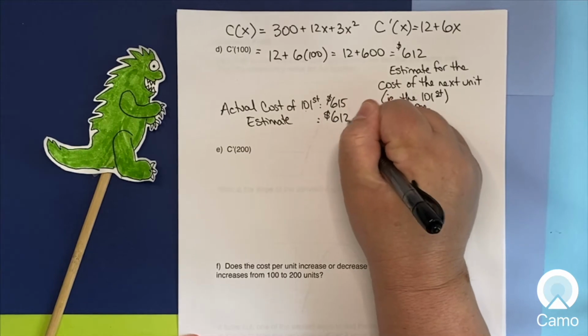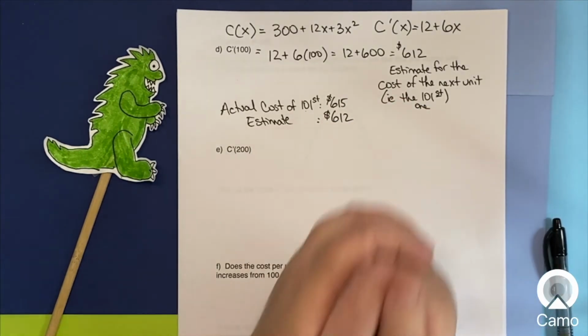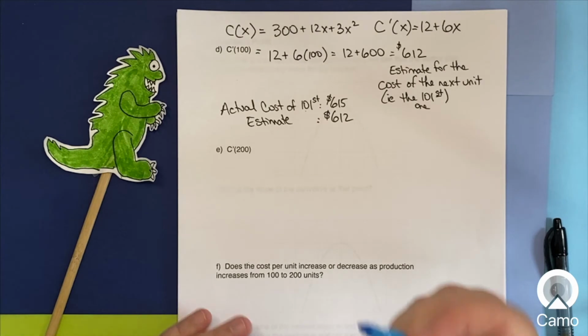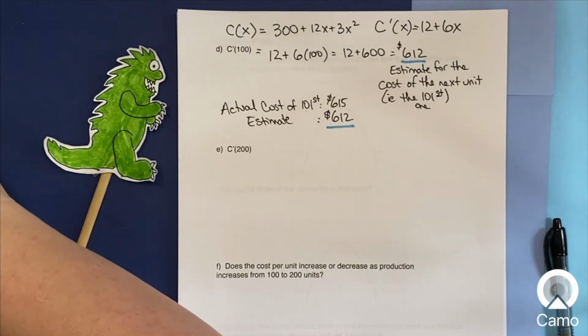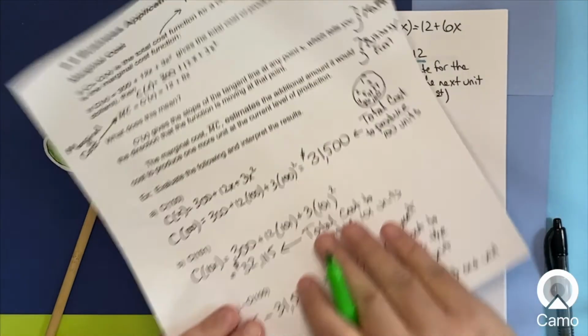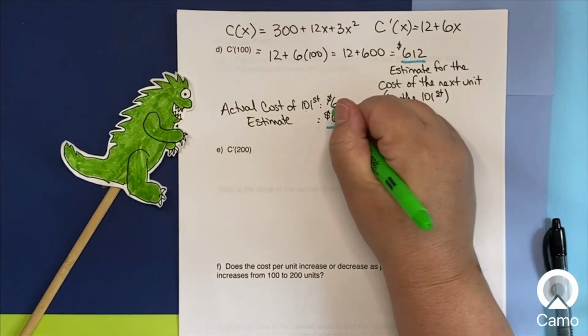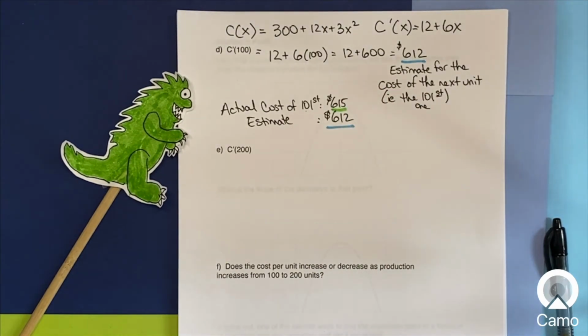And over here, I'll put this in green so if you're following along with the color coding, the 615 came from the previous page. Are we close? The answer is, well, it depends on what your definition of close is, right? $3 off could be a lot or it could be very little. I would claim that given the scale of the number that we're talking about, $600, $3 is a very small difference. It's certainly less than 0.5% off. So this is a very close estimate.